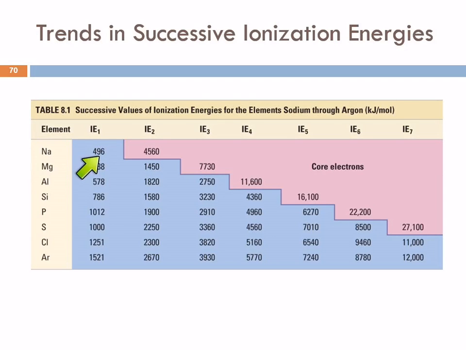Because what we see is this huge leap every time we get into the core electrons. Aluminum has 3 valence electrons. Taking the 4th one off is a huge jump. Chlorine has 7 valence electrons, and so you can take off all 7 before you get a leap. But for sulfur, it has 6, and the 7th one is this big jump.